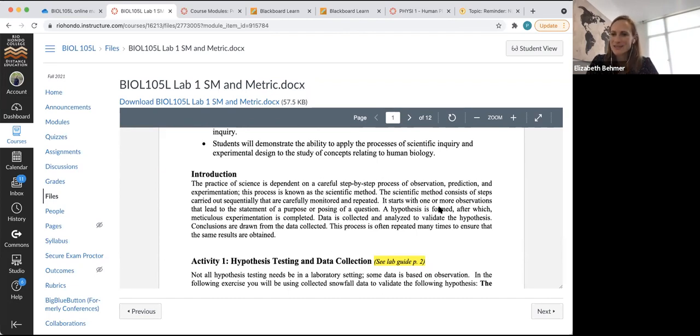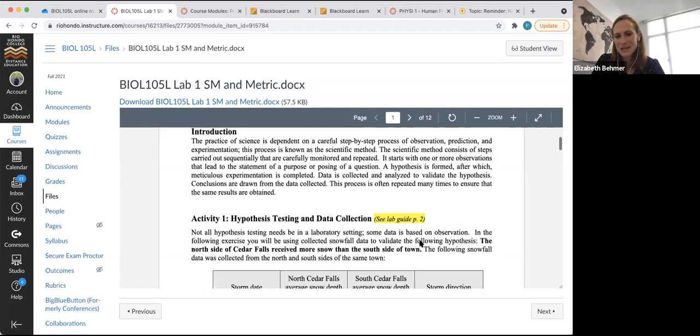Then a hypothesis is formed, after which experimentation is completed, and data is collected and analyzed to say whether your hypothesis is valid or not. Conclusions can then be drawn from that data. This process can be repeated many times to ensure that the same results are obtained.